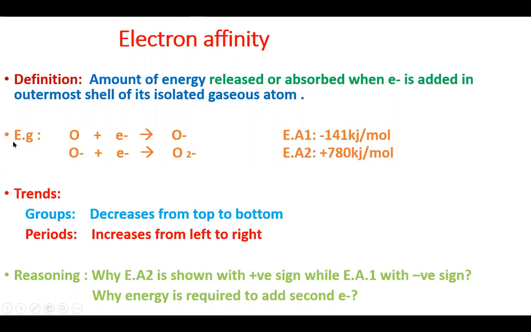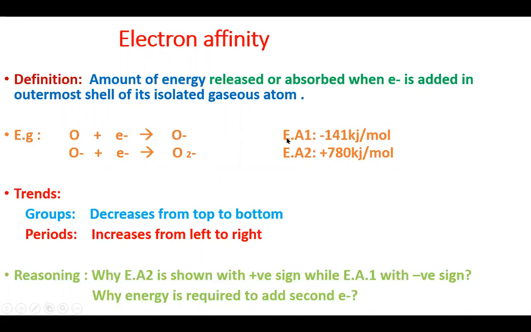There are two steps in the case of oxygen. Oxygen belongs to group 6A. In order to make its octet complete, it has to gain 2 electrons, but this adding process takes place in 2 steps. In the first step, you can see that a neutral oxygen atom gains 1 electron and forms an oxygen anion.